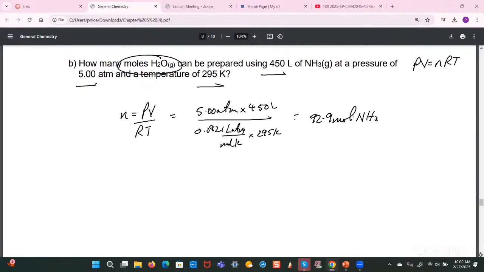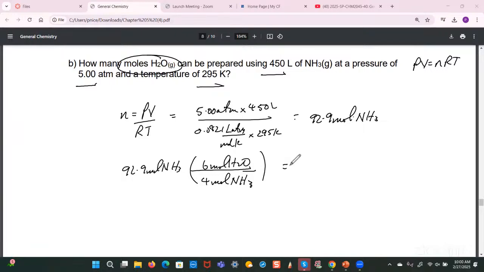So what I would do is start off with what we just calculated, which is the 92.9 moles of NH3. And I'll multiply this by 6 moles of H2O for every 4 moles of NH3.